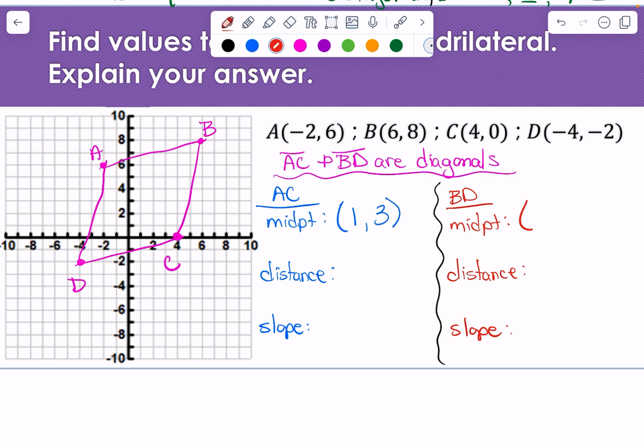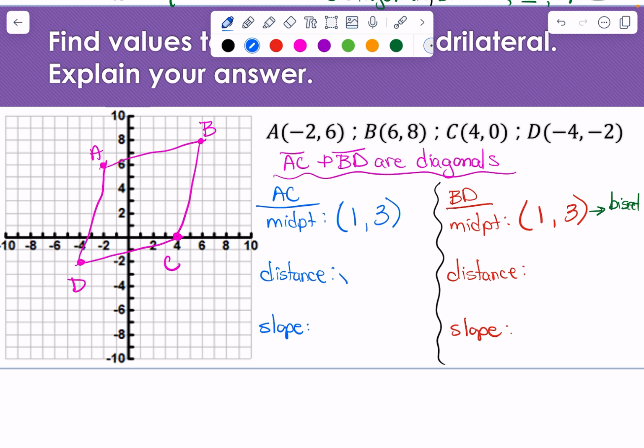BD, I'm going to go 6 plus 4 is 10, divided by 2 is... I am so sorry, I was adding the wrong thing. 6 plus -4, I was doing BC, BD. 6 plus -4 is 2, 2 divided by 2 is 1. 8 plus -2 is 6, 6 divided by 2 is 3. So therefore, we know these bisect. I apologize on that. Okay, make sure you have the right ones, I guess that would be a good teaching moment there.